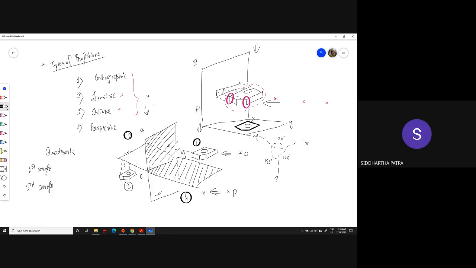To symbolically represent the first angle and third angle projection, this is how it is done. For example, to draw the first angle projection, imagine there is a truncated cone.